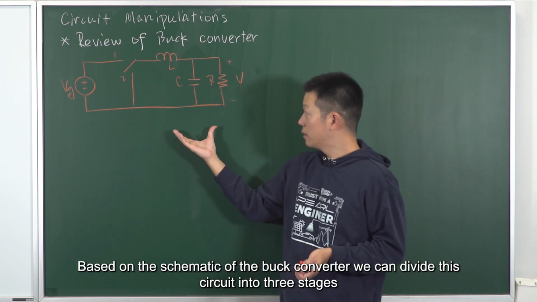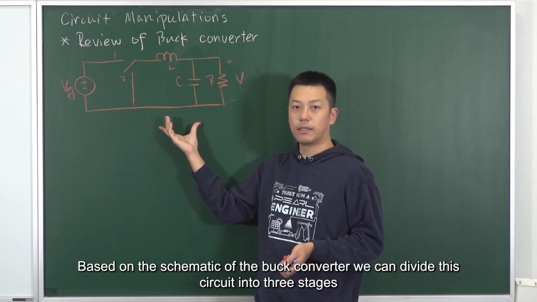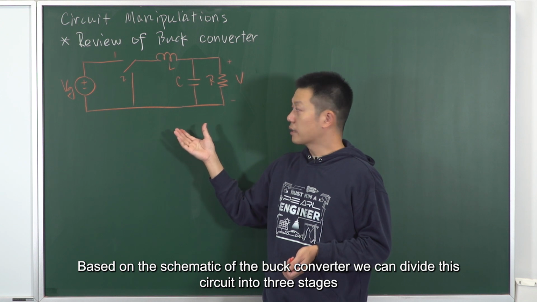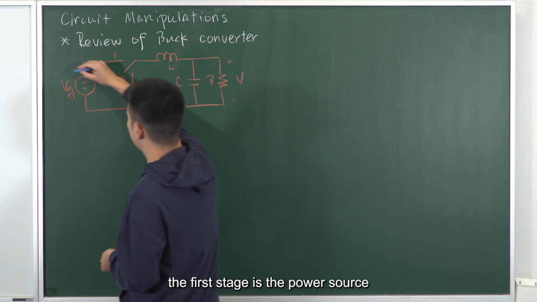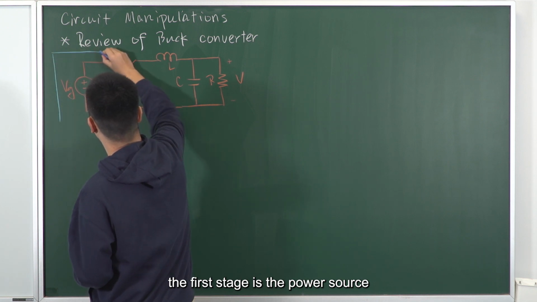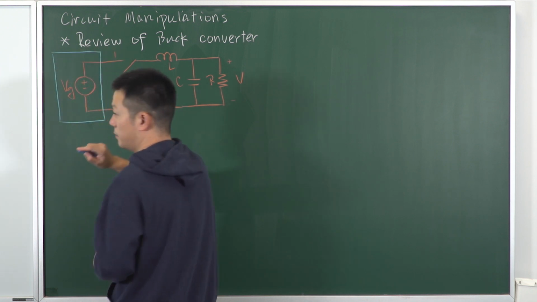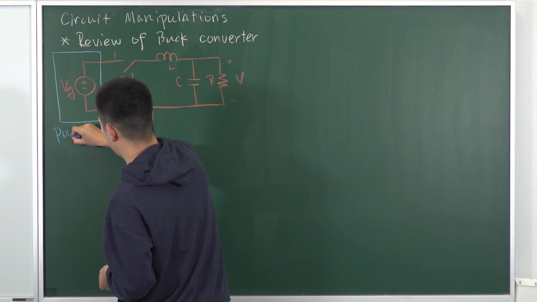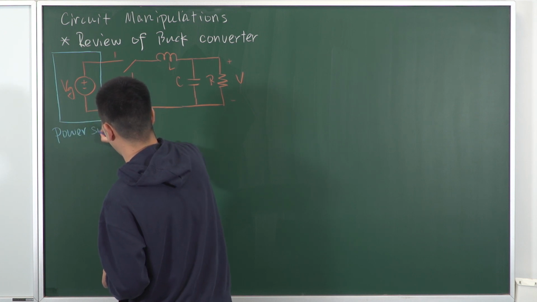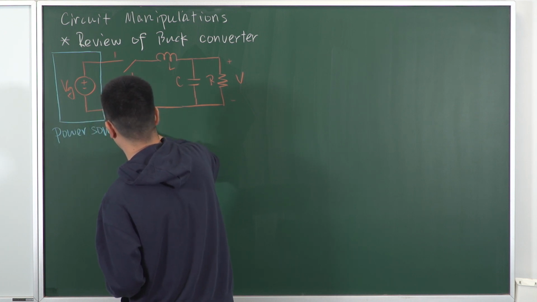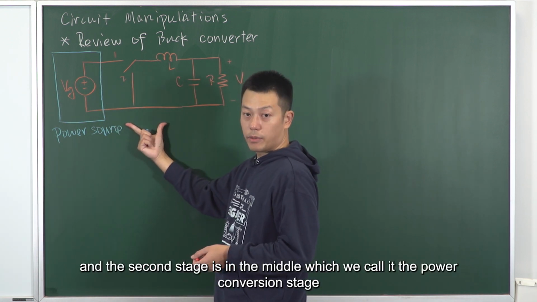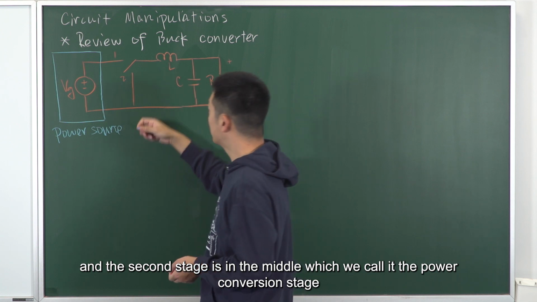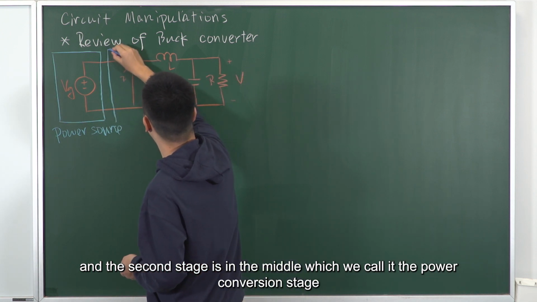Based on the schematic of the buck converter, we can divide this circuit into 3 stages. The first stage is the power source. And the second stage is in the middle, which we call the power conversion stage.